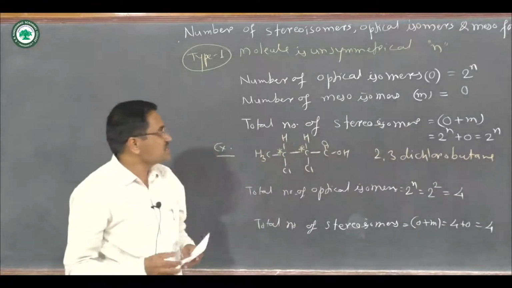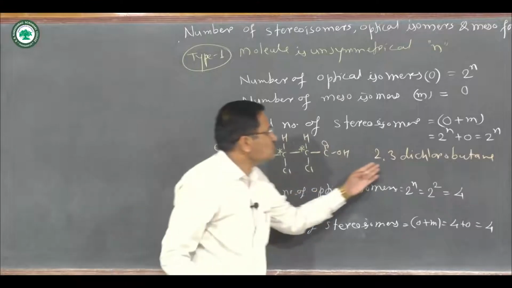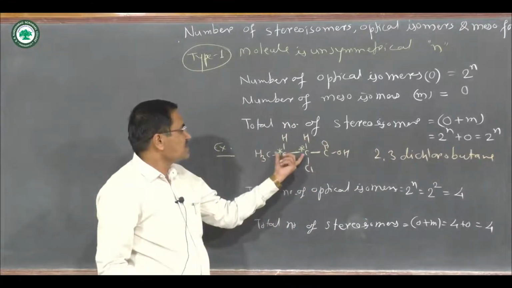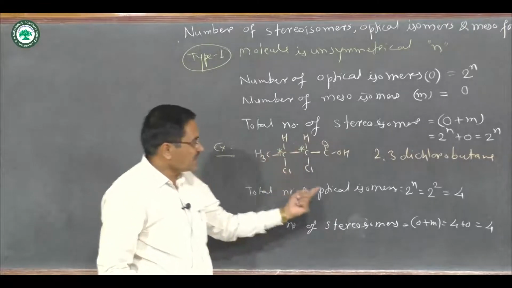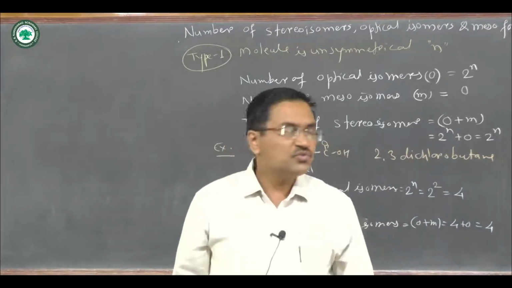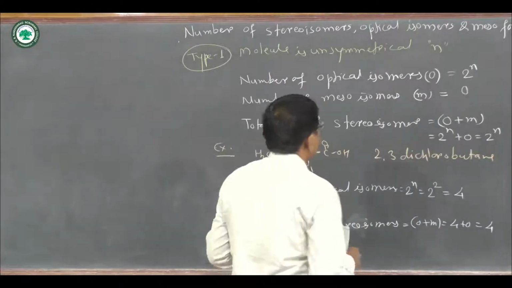So when we consider 2,3-dichlorobutane as the example, the number of chiral centers is 2 and hence the total number of stereoisomers is 4. So this is the first type.